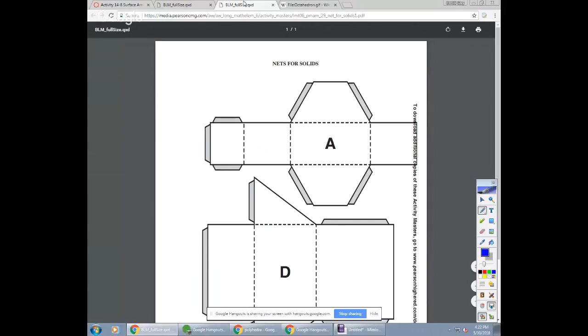And so try to guess what your net is going to build before you tape it together. I'm still going to have you be keeper of the magic pyramids. Okay.